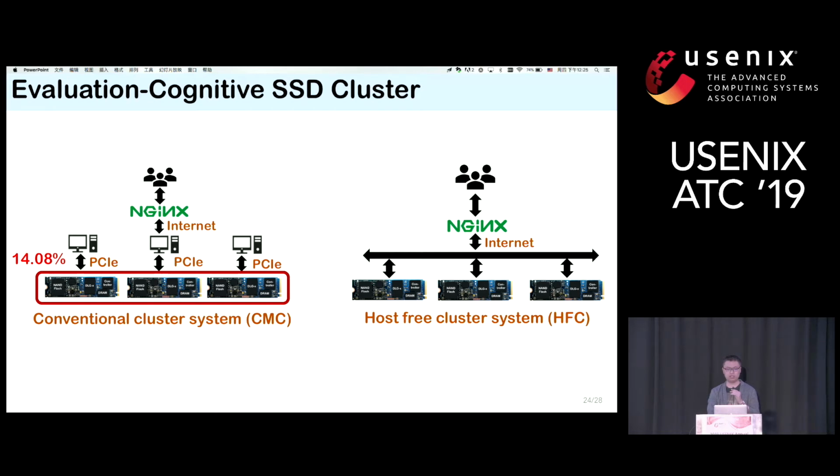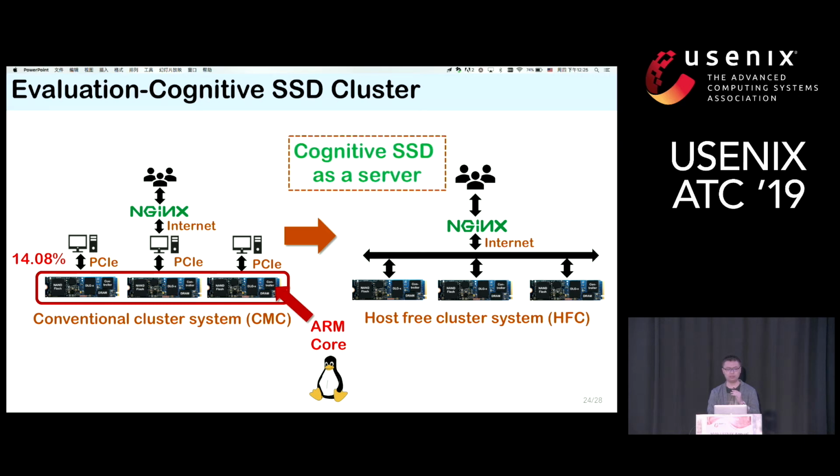Meanwhile, considering the cognitive SSD contains the ARM processor that could run the Linux system and has lower power consumption compared to the Intel CPU, we propose a host-free cluster system where the cognitive SSD as a server can respond to users' requests independently.